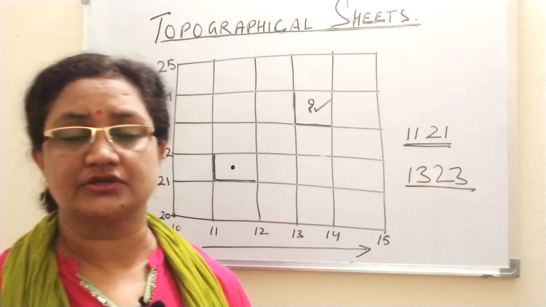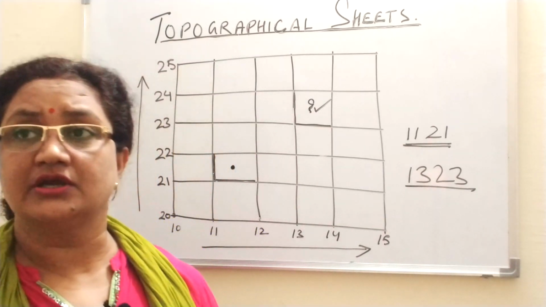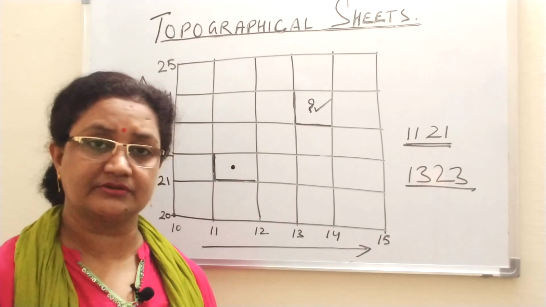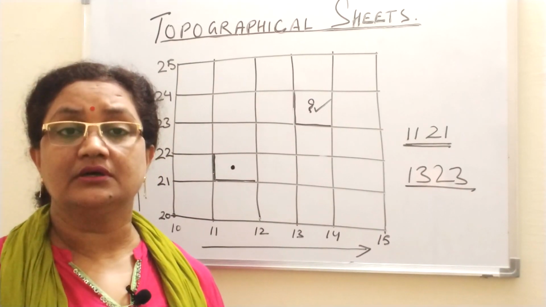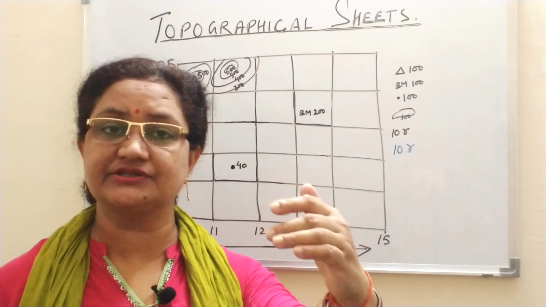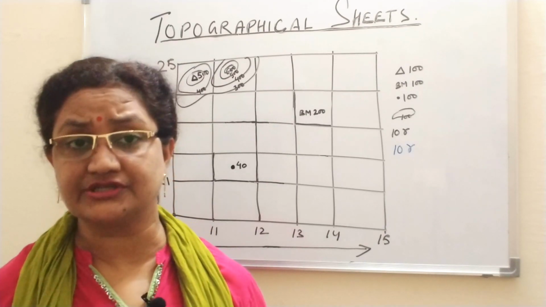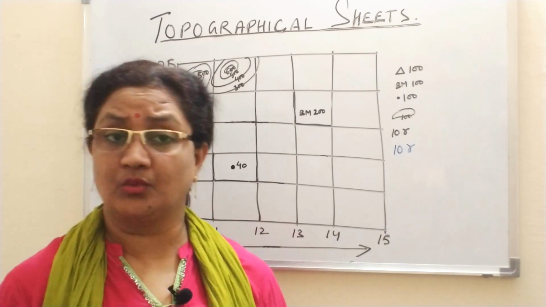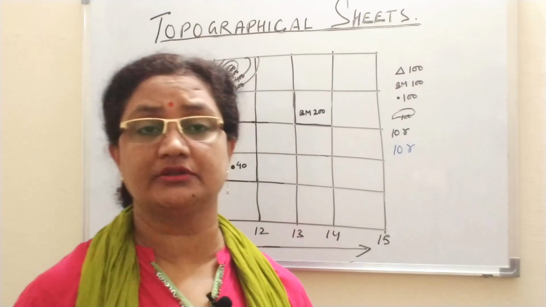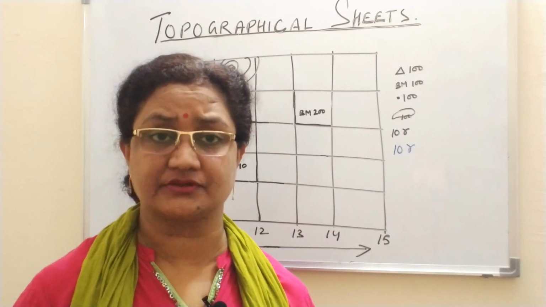Now besides this, one very important thing we have to discuss here is the various methods to show the height or the altitude on topographical sheets. What are the different methods used on the topographical sheets to show the height of different places?